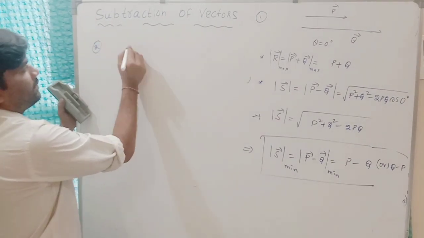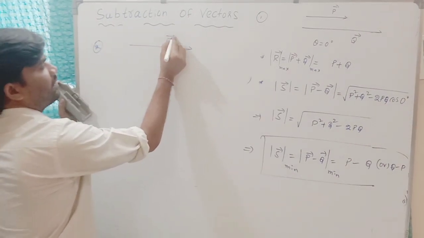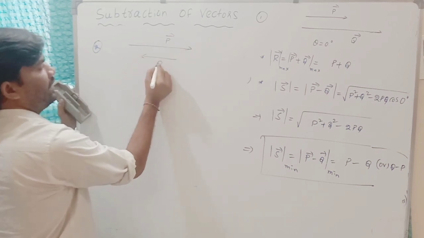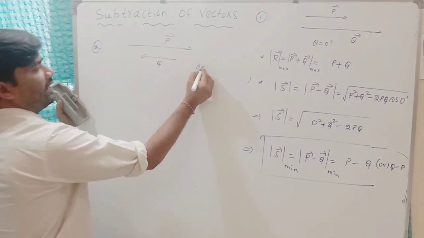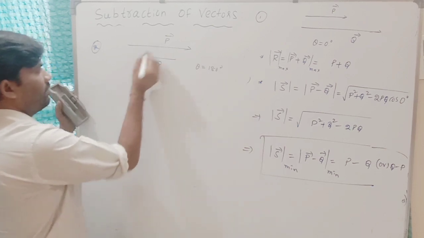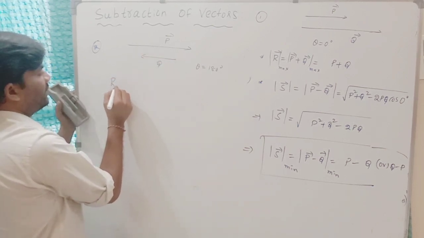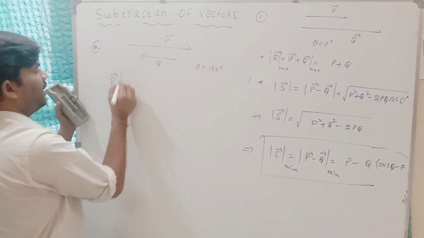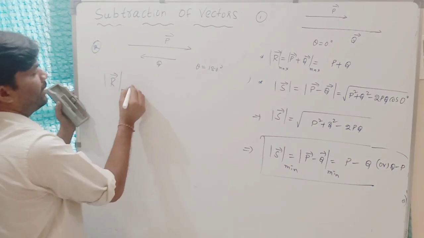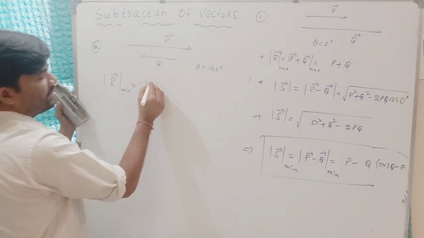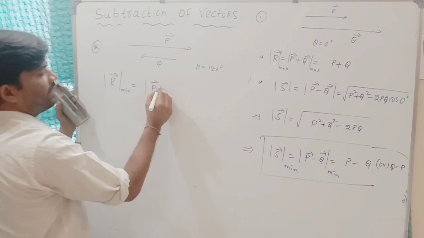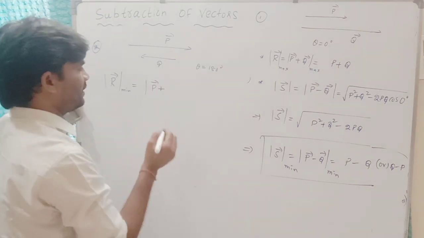Second one, if two vectors are anti-parallel, opposite in direction, that is theta is 180 degrees. When these two are in opposite direction, already we have written the magnitude of resultant of these two is minimum. Already we have written this in applications of the parallelogram law of vectors.